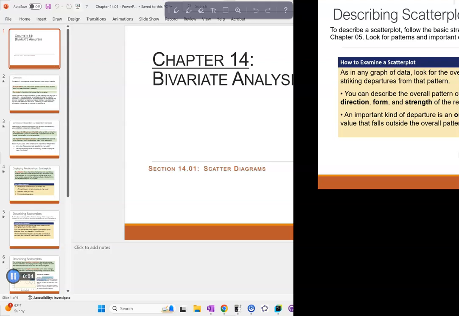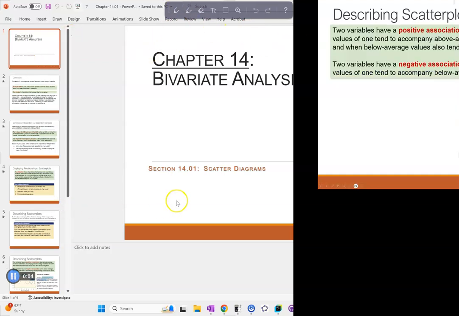The more the data looks like a finely drawn line, the stronger that relationship is. The more spread out the data is, like oh, that's kind of the right shape but it's a little messier looking, the weaker that strength would be. And then we know what outliers are, right? Something that diverges from the overall pattern. Okay, so that's the idea here.